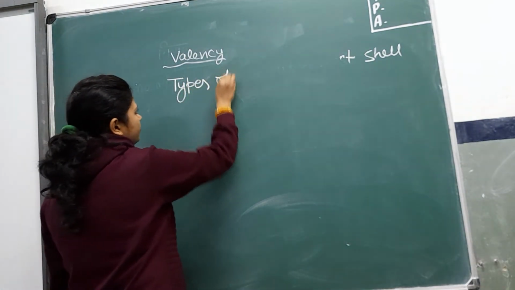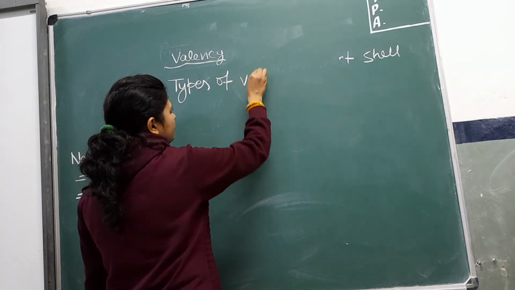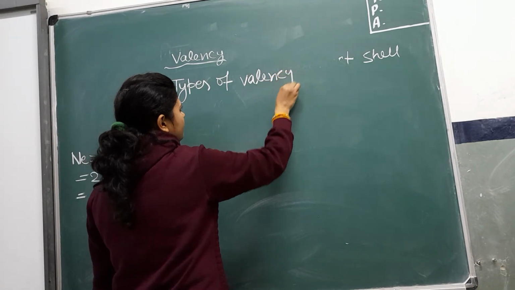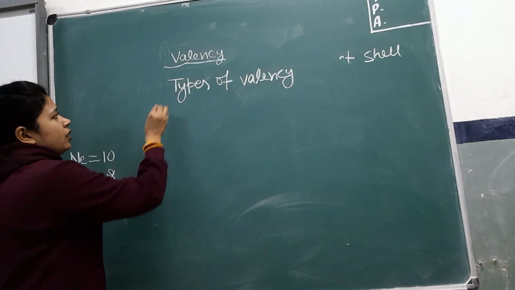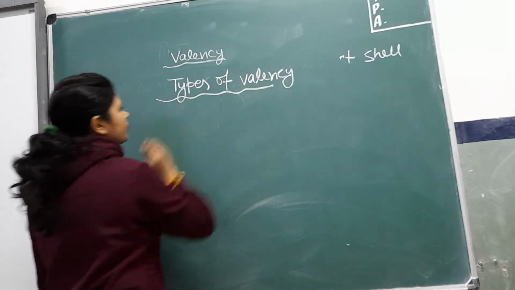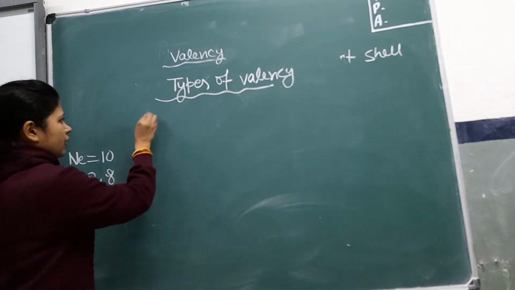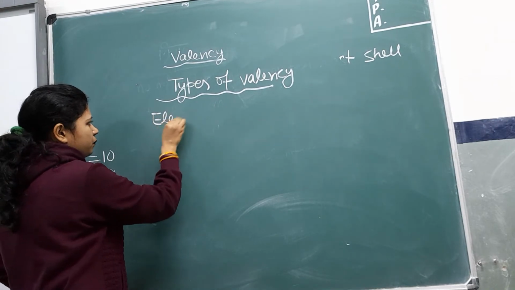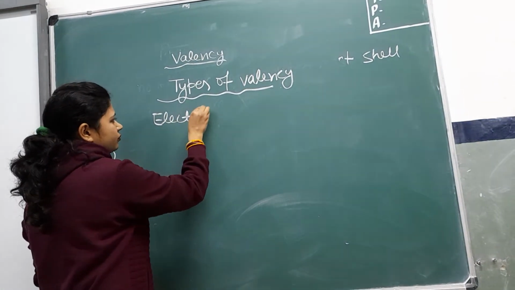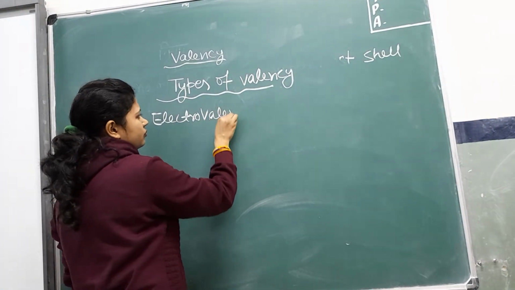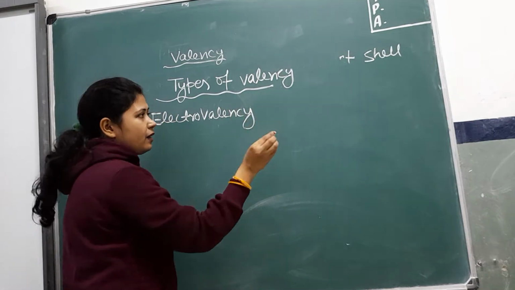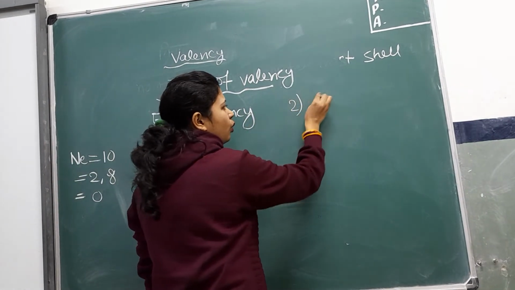Valency can be of two types: electrovalency and the second one is covalency.